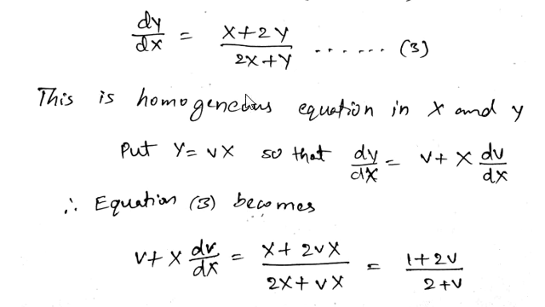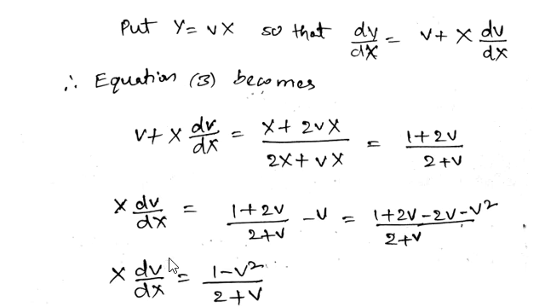When you simplify here, you can take X common and cancel, so that you can write this term as (1 plus 2V) by (2 plus V). And once again, we are sending this V to the right side, so you can write X dV by dX is equal to (1 plus 2V) by (2 plus V) minus V.